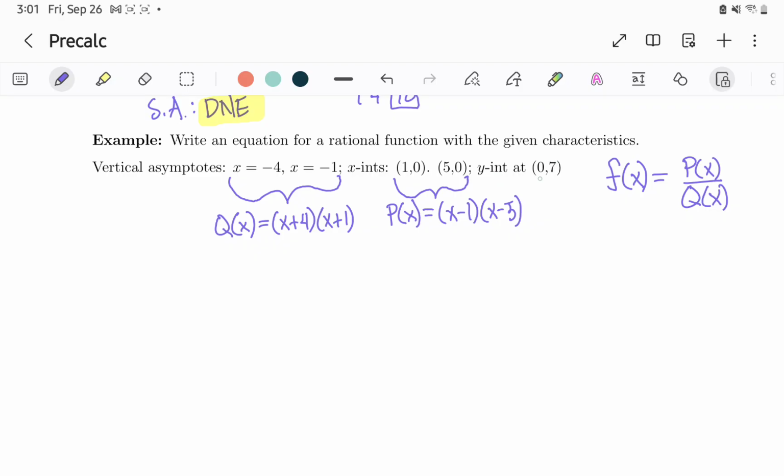Okay, and then we're going to use this information about the y-intercept to figure out what the leading coefficient is.